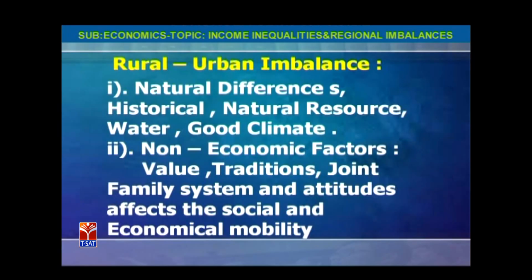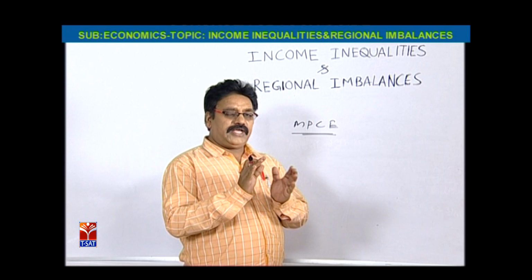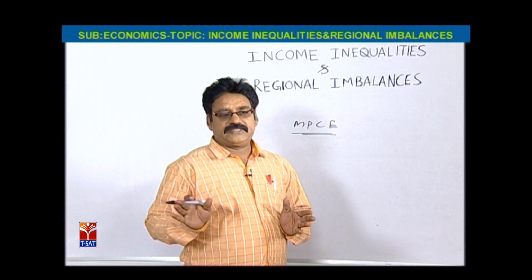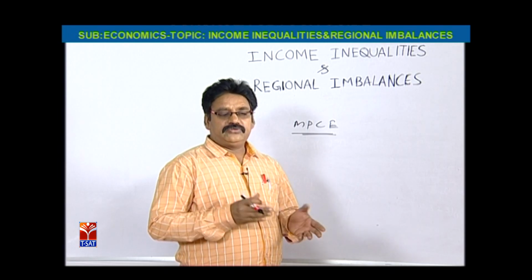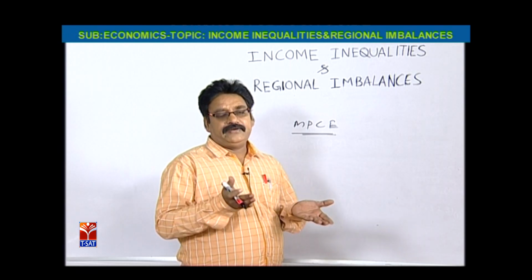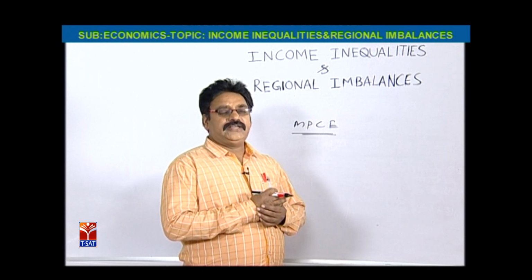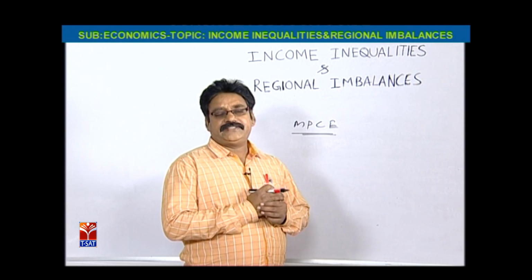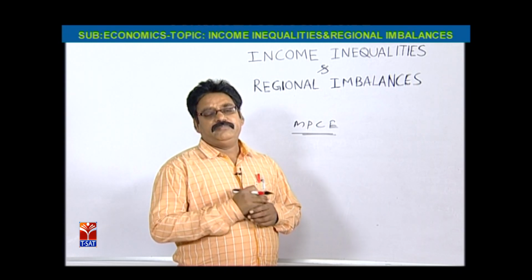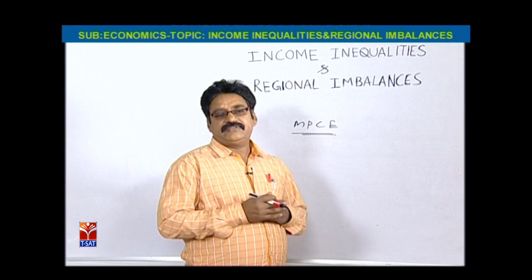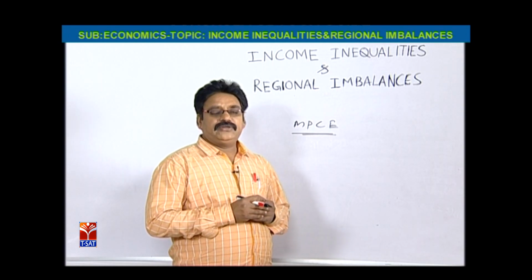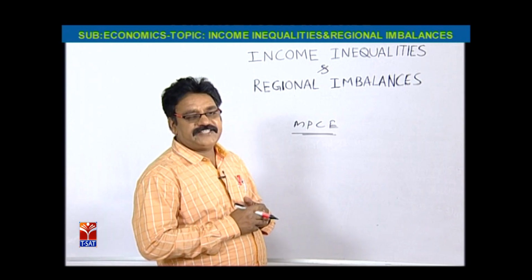Rural urban imbalances. If we observe, the main reason for the rural urban imbalances is that rural areas are not developing that much, while urban areas are developing speedily, so there is a rural urban divide. Clearly we can observe that because of the facilities increased in urban areas, people are migrating, and rural areas don't have sufficient facilities or employment opportunities.